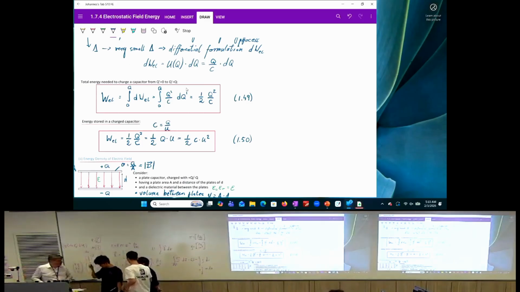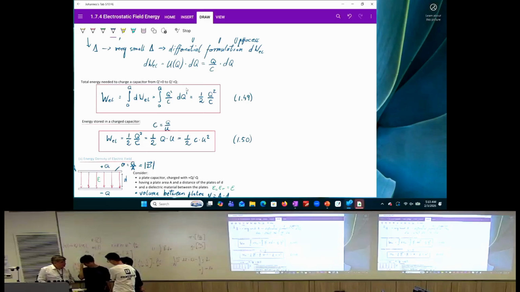Can I just clarify what the E and D fields mean? The E means the electric field, the D means the displacement. What's the difference? How does it differ? The electric field you obtain from the force field. You have Coulomb's law.